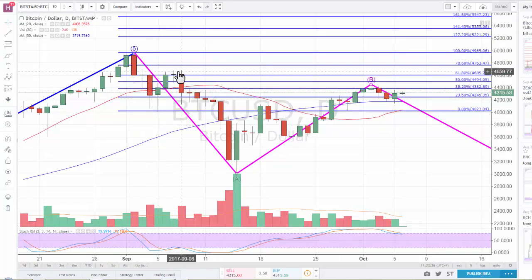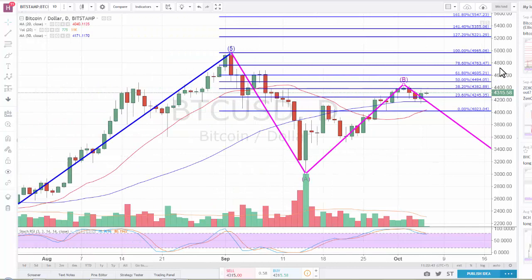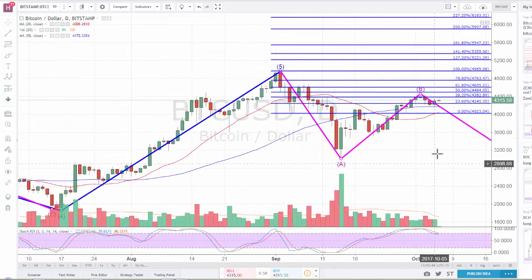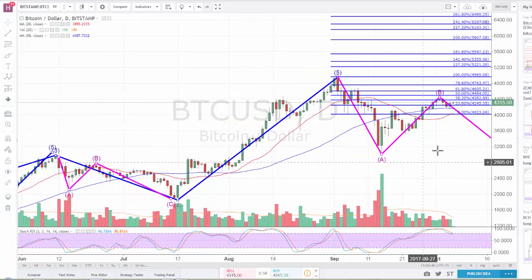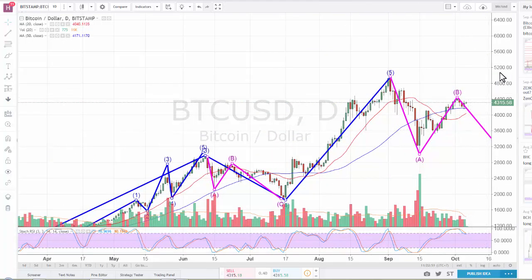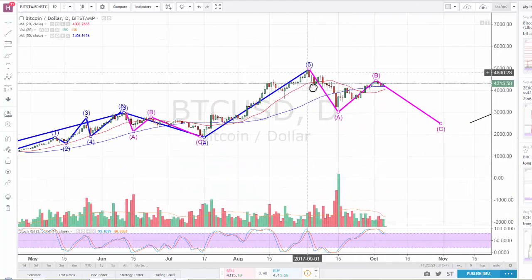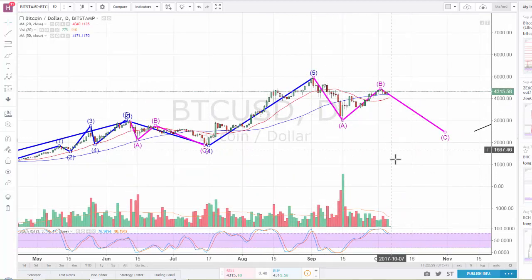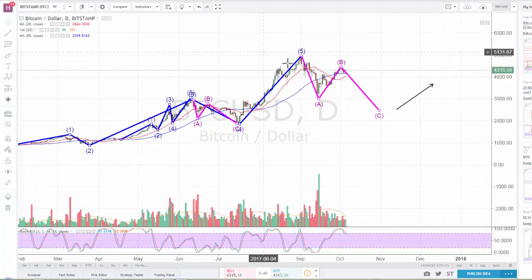So the retracement was valid, but then the distance from B to C is way longer than it should be for a qualifying ABC correction. So this is definitely not an ABC correction from here to here to here. More likely the ABC correction will be from here to here to here.